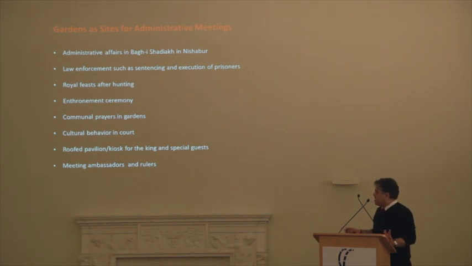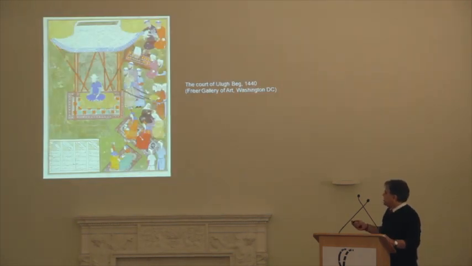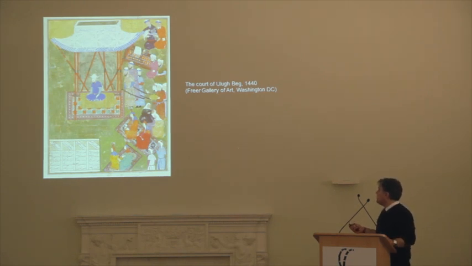But also, talking about the administrative meetings, we know that there were some roofed pavilions or kiosks that were designed for the king and his special guests. The garden was widely used to meet and receive ambassadors and rulers from other parts of the empire or from other countries. For example, as you can see here, this image shows the court of Ulugh Beg.